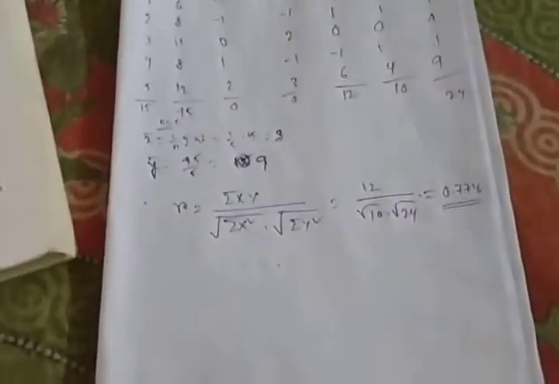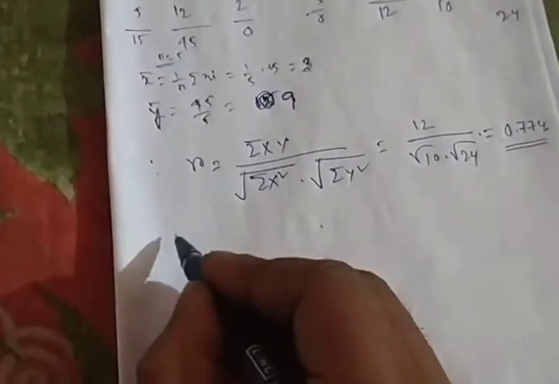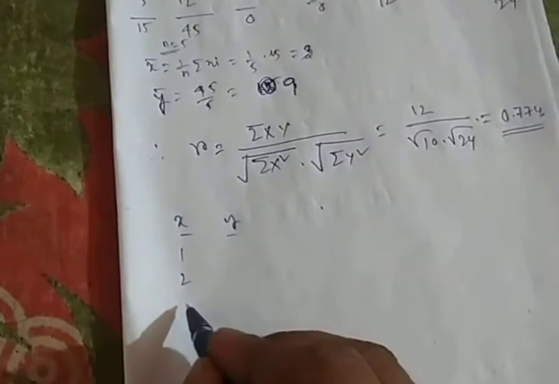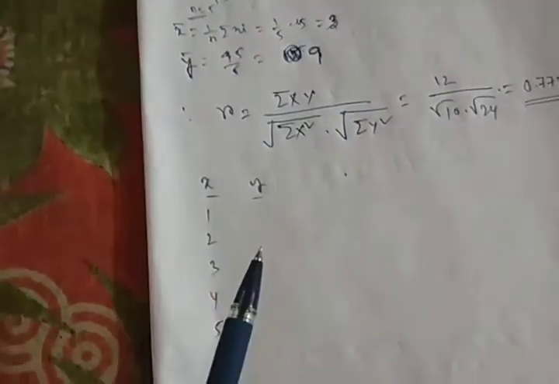Now, if we don't take the deviation, can we get the same result? Let us check. The x values are 1, 2, 3, 4, 5, and y values are 6, 8, 11, 8 and 12. You can use any one of the formulas that we have learned.